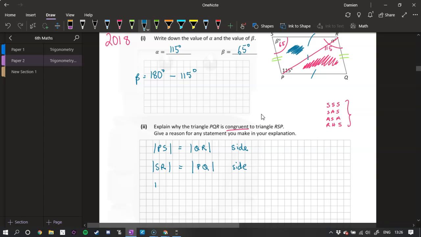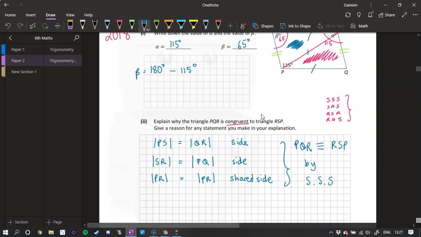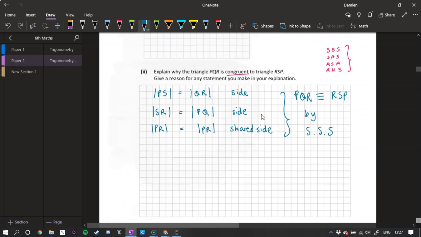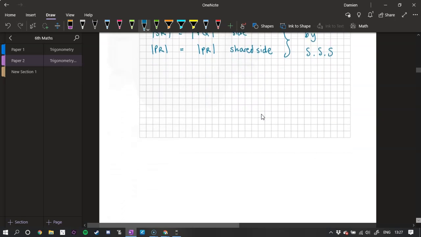And then you have PR in one triangle is equal to PR in the other triangle, and that's called a shared side. Because you have these three, you can say PQR is congruent, which is three equals, to RSP, by side, side, side. That's one way you can do it. There's other ways you can do it, angle, side, angle, or side, angle, side. There's a few options for you.